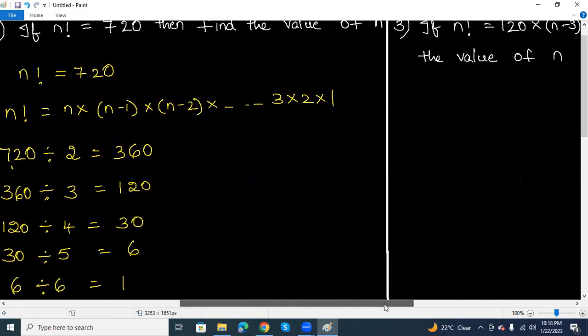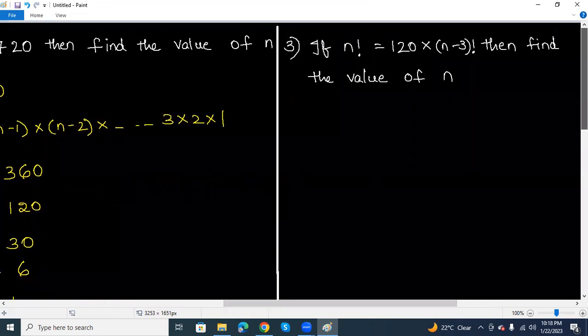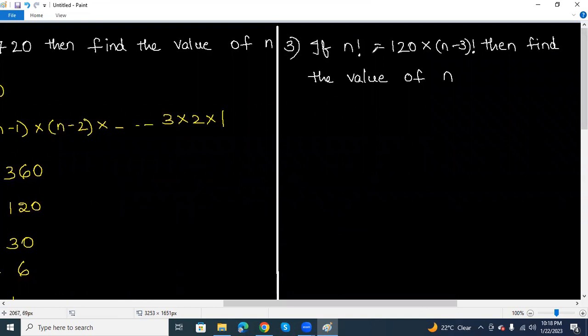The next type of question we'll see here. If n factorial is equal to 120 times n minus 3 factorial, then find the value of n. Okay. So first, we will take the question, 120 times n minus 3 factorial.